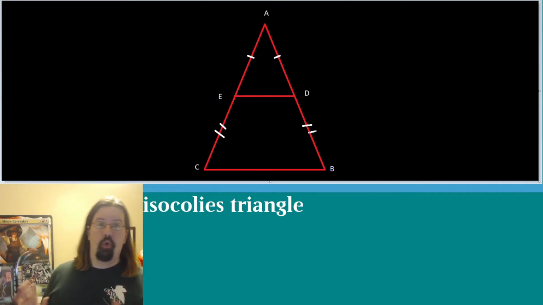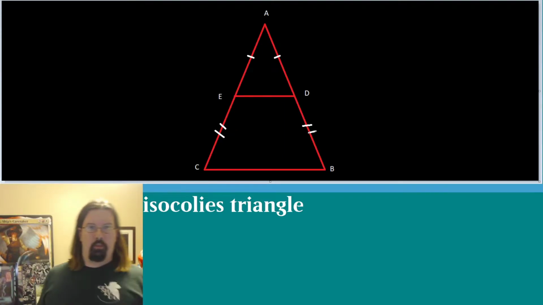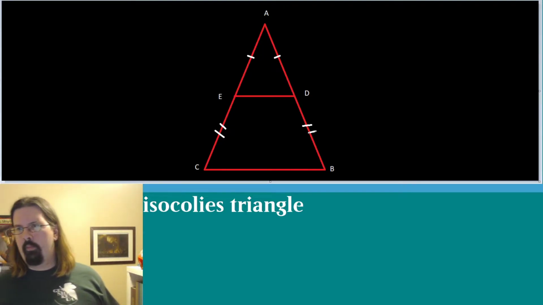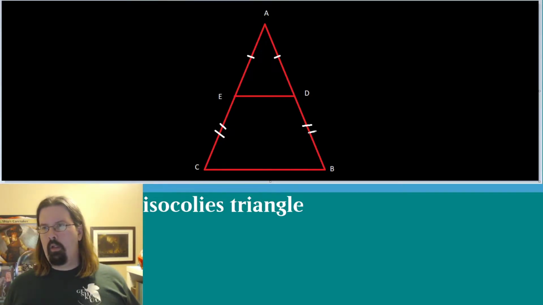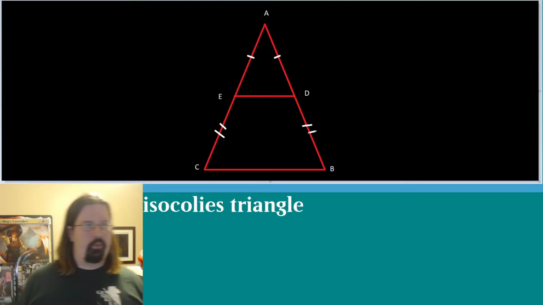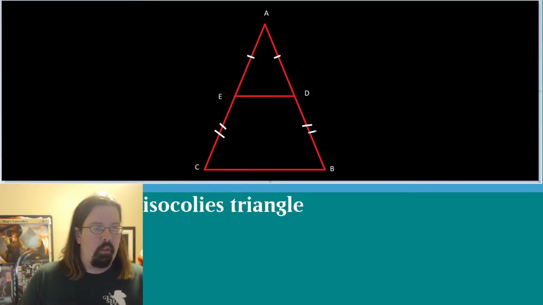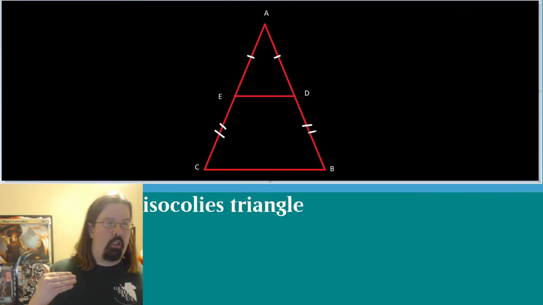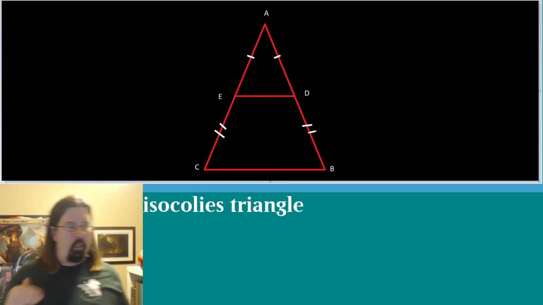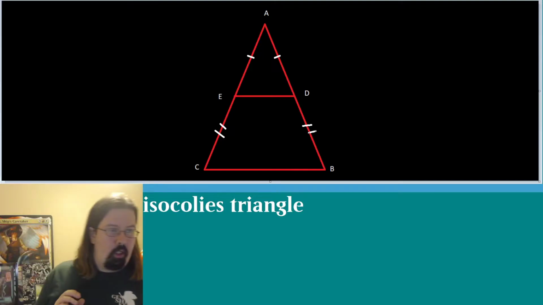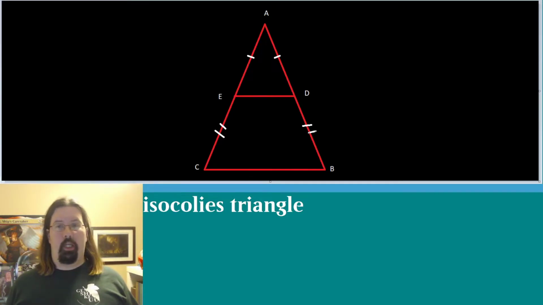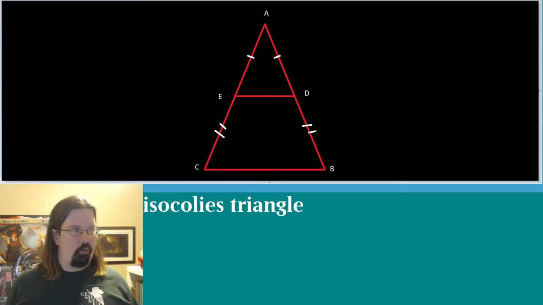If they're congruent, not equal. So, if they are congruent, that means that those two are parallel. That brings a couple interesting little side notes as well.